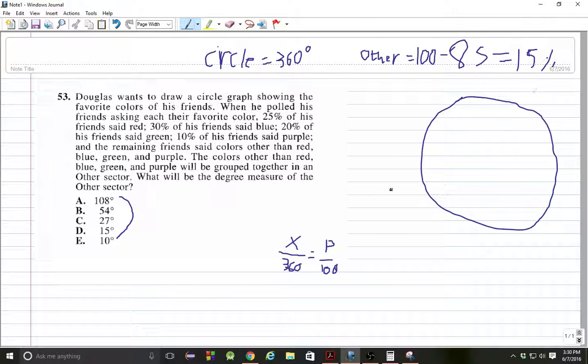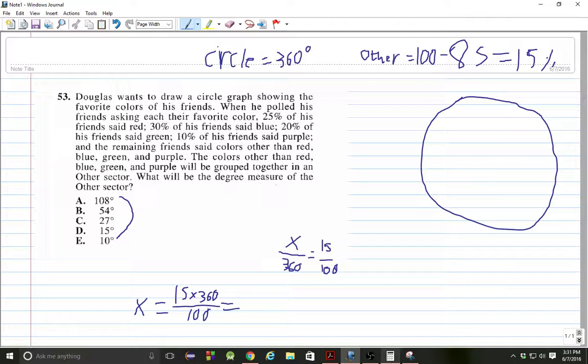How many degrees is 15% out of 100? Well, you just do a simple proportion there. And in order to solve this proportion, 15 times 360 divided by 100 equals x.